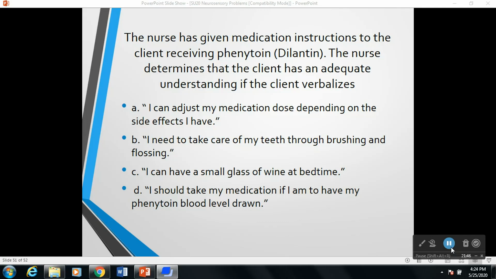C, I can have a small glass of wine at bedtime. D, I should take my medication if I am to have my phenytoin blood drawn in the morning. The answer is B. I need to take care of my teeth with thorough brushing and flossing. Remember, with Dilantin, one of the biggest side effects is gingival hyperplasia.